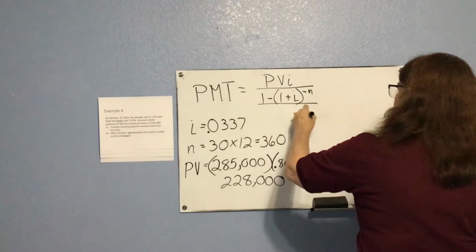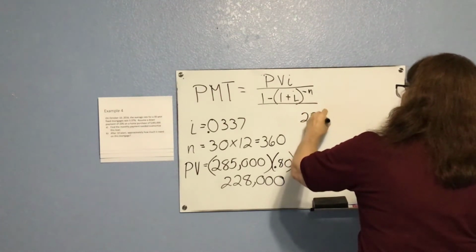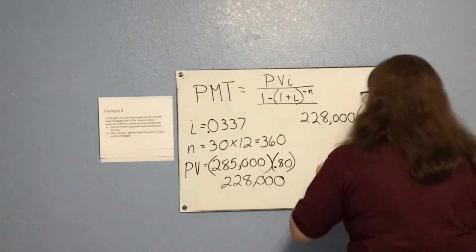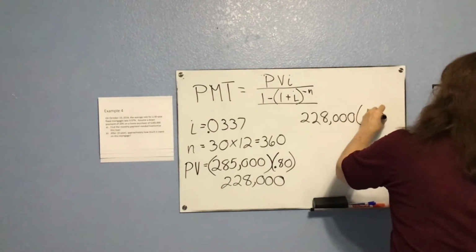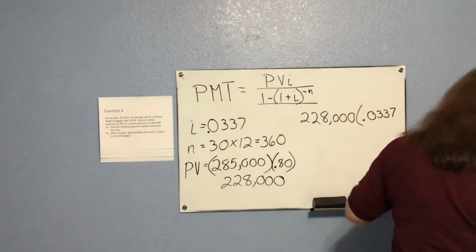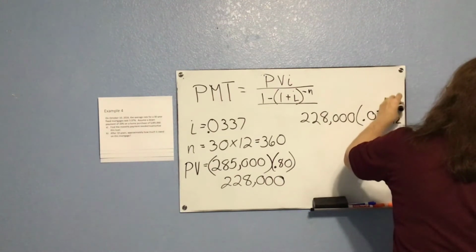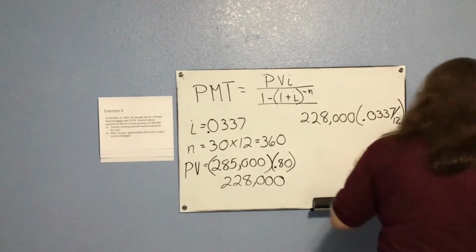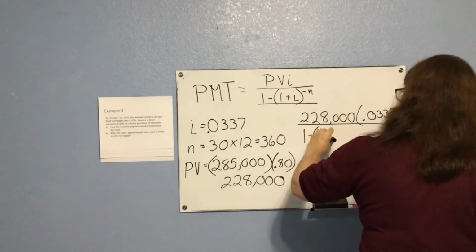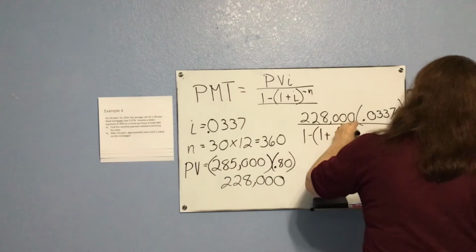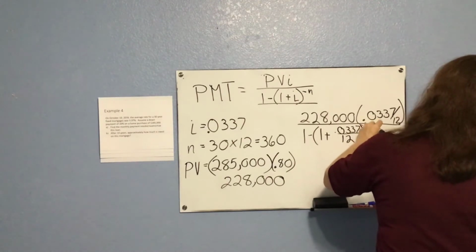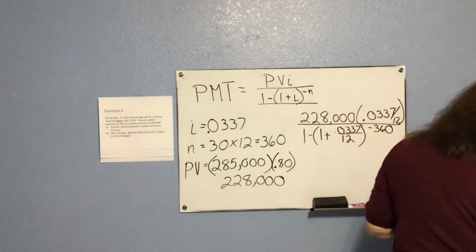So we're going to start with $228,000 times our interest rate, 0.0337 over 12, divided by 1 minus the quantity 1 plus 0.0337 over 12 to the negative 360th power.